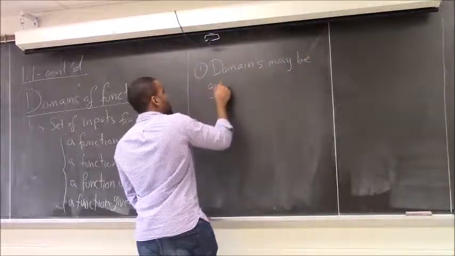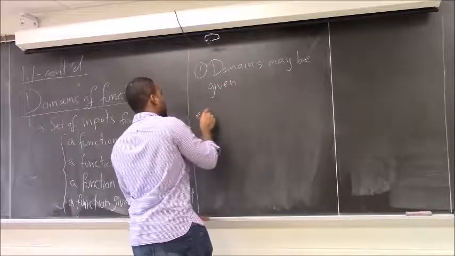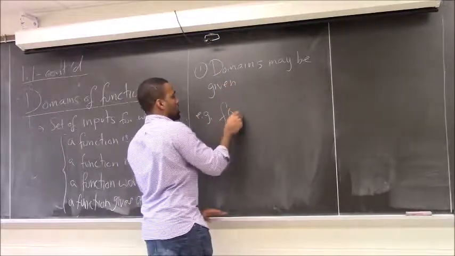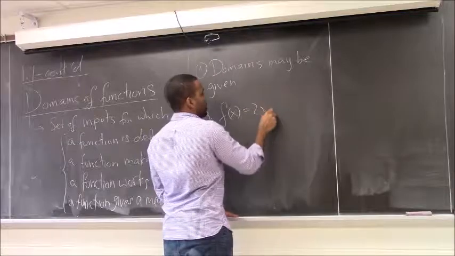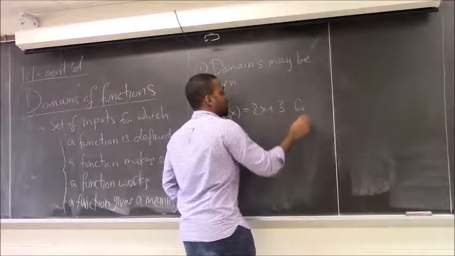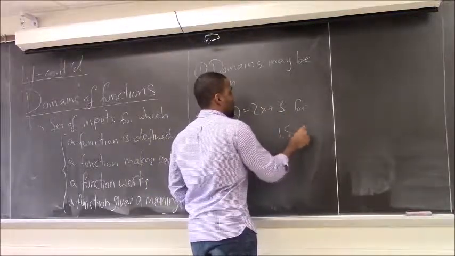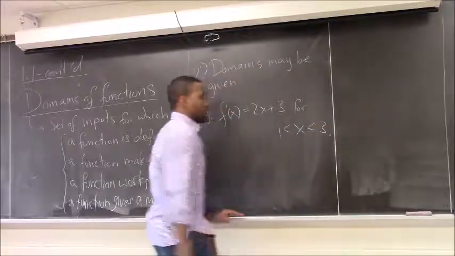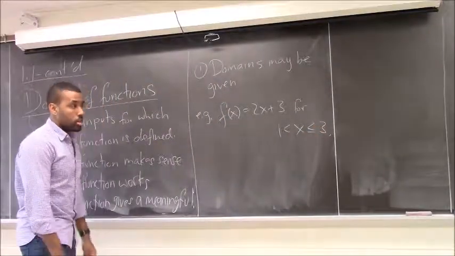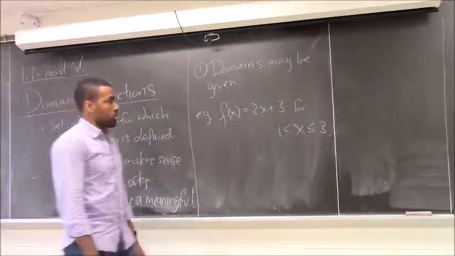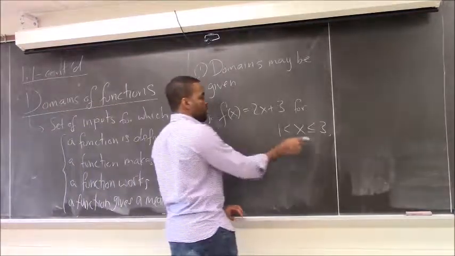Right? And domains may be given. So for example, I can give you a function, say f of x equals 2x plus 3, and then I can say for x between 1 and 3, not including 1, including 3. So you can be given this information.